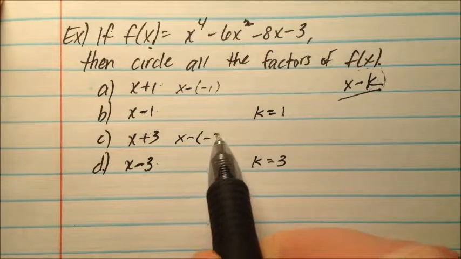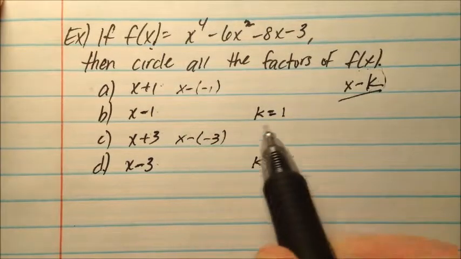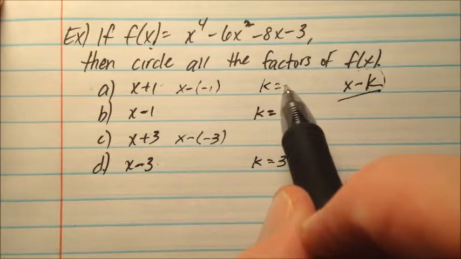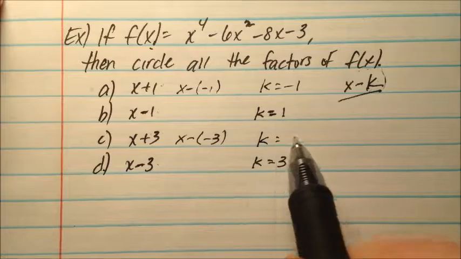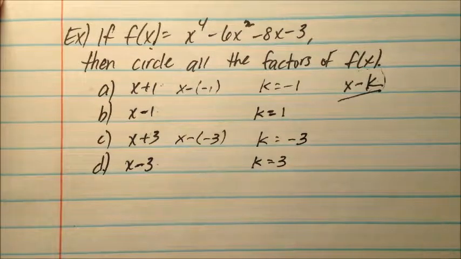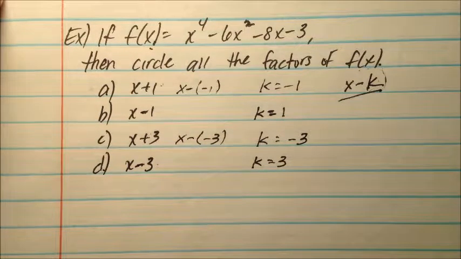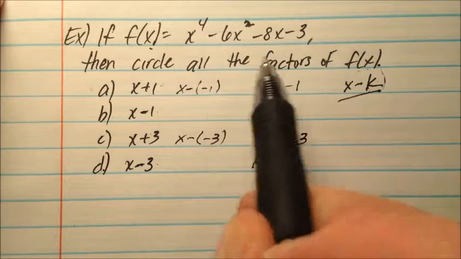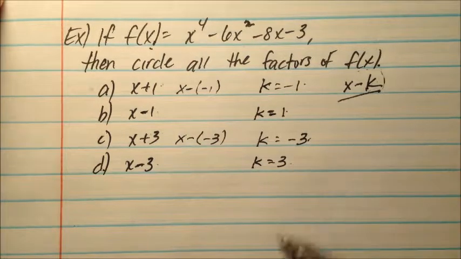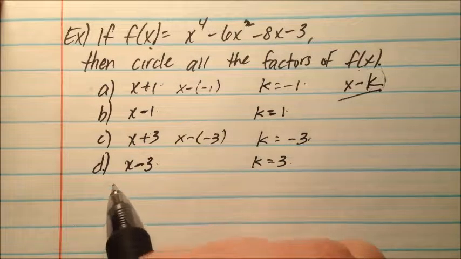And x minus a negative 3, and that's what gave me that plus. So in this case, my k value should be negative 1. And here my k value should be negative 3. So all I really need to do is evaluate this function at these 4 spots, and then I'll know which ones are factors and which ones are not factors.